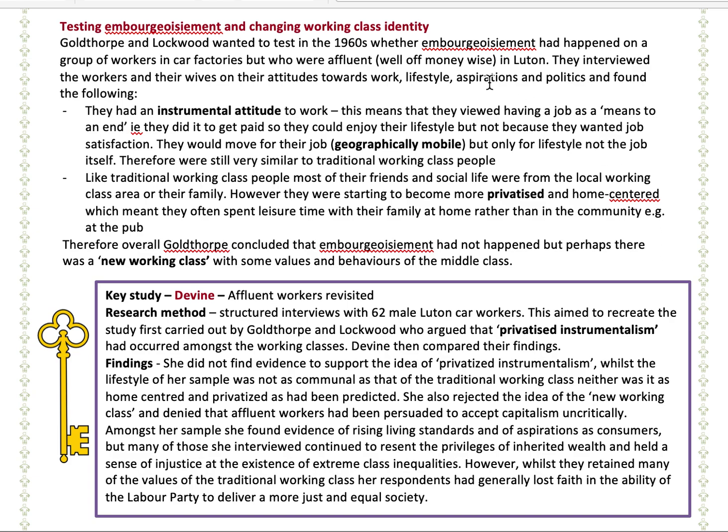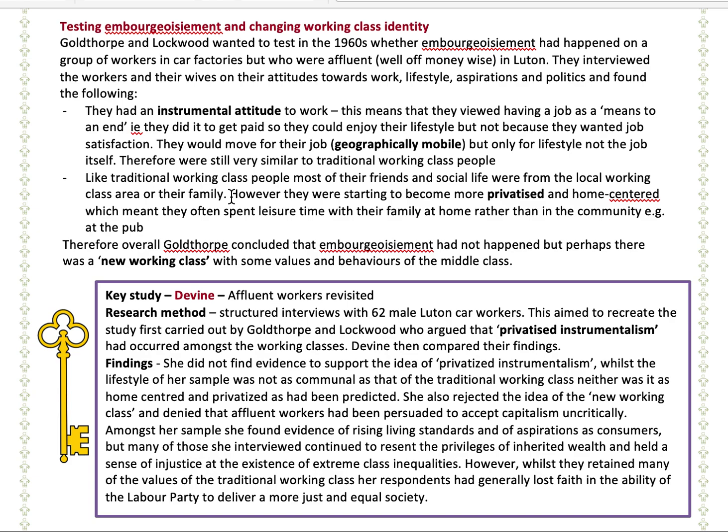They were more geographically mobile, which is traditionally associated with the middle class. However, they weren't moving for their job. They were moving for a better lifestyle and cheaper house prices, so it's not quite the same as the middle class.